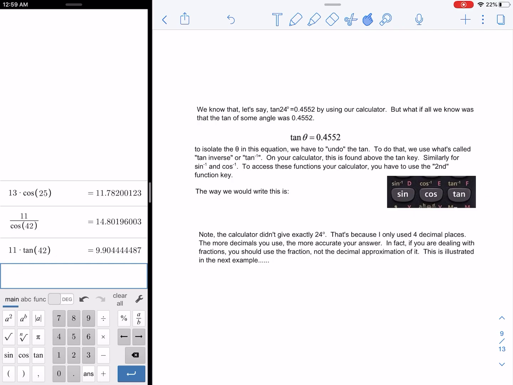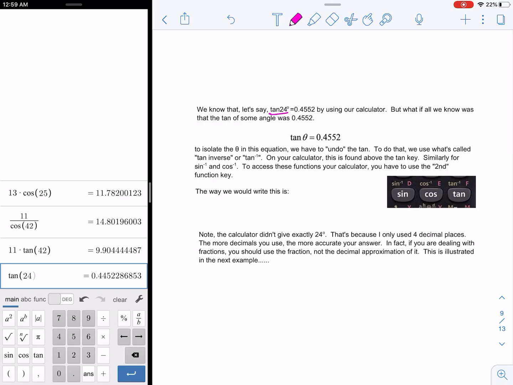Let's say you want to know what the tan of 24 degrees is. So you just type in tan of 24 degrees. I go over here, I go tan of 24 degrees, and I get 0.4552, and so on. So that rounds to about 0.4552.